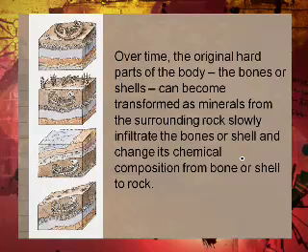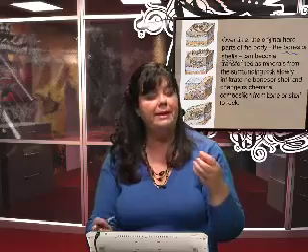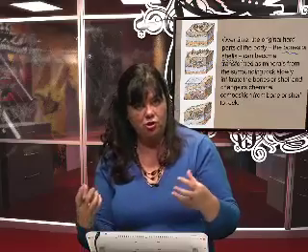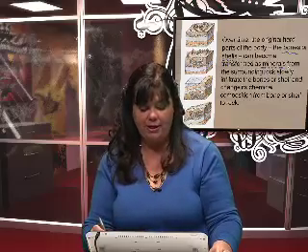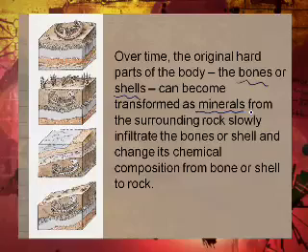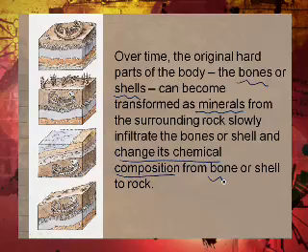Now, over time, the original hard parts of the body, the bones or the shells, can become transformed. They change from being a bony or a shell structure into being a mineralized structure. Minerals from the surrounding rock slowly infiltrate the bones or the shell and change the chemical composition from bone to rock.